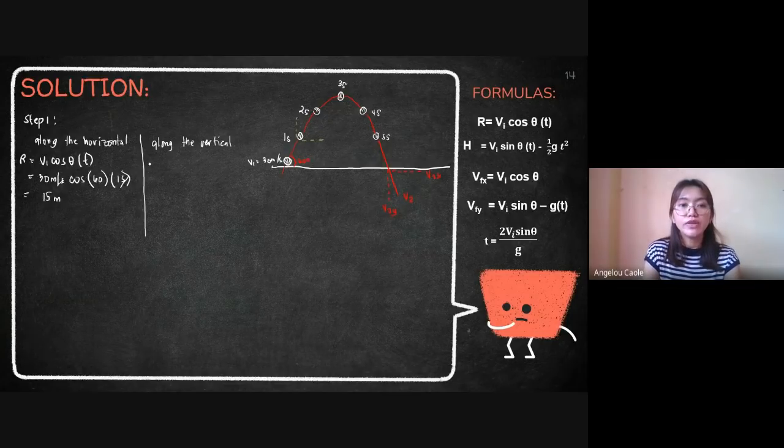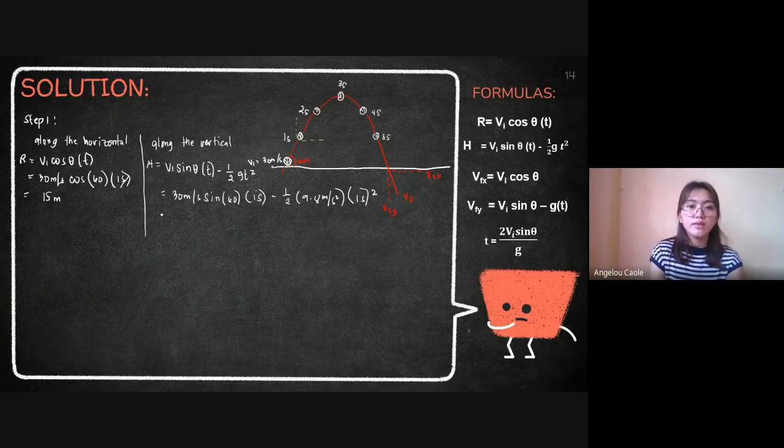And along the vertical, we have h is equal to vi sine theta times time minus 1/2 gt squared. Substitute, we have 30 meters per second sine 60 times 1 minus 1/2 times 9.8 meters per second squared times 1 second squared.